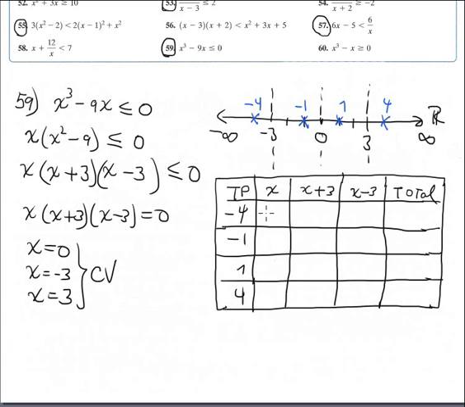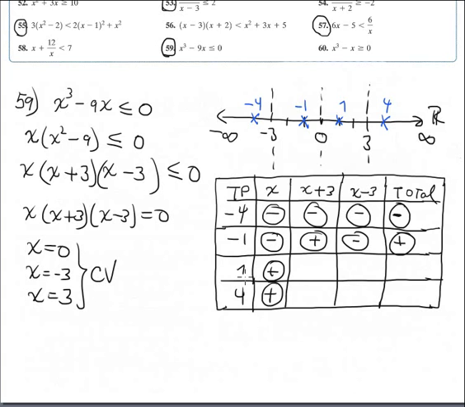Negative 4: this is negative, this is negative, this is negative, and the total is negative, because it's just plugging this value in x. Negative 1 here is positive, negative 1 here is negative, it's positive.